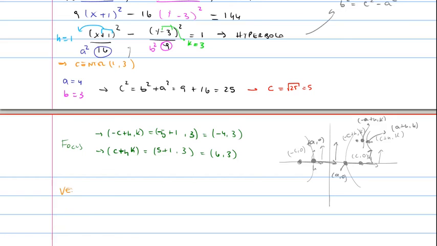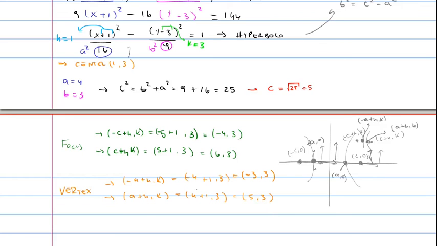So our two vertex points would be minus a plus h, k and a plus h, k. So this a was equal to 4, so minus 4 plus 1, 3, and 4 plus 1 is 5, 3. So we have minus 4 plus 1 is minus 3, 3, and 5, 3.